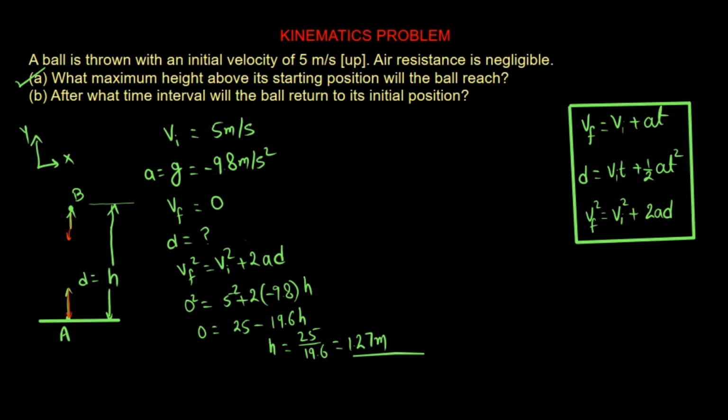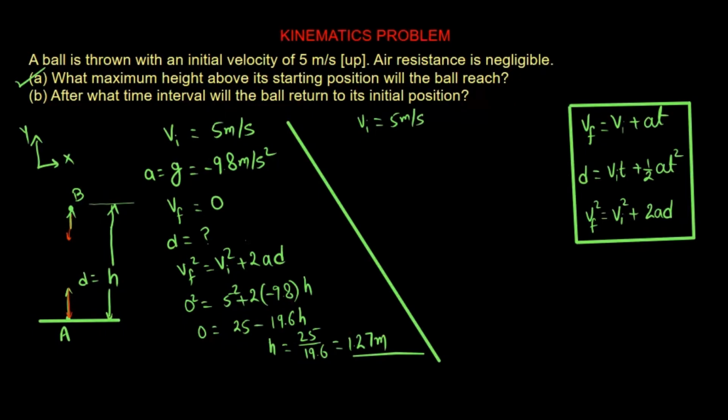Now let's see the second part. After what time interval will the ball reach its original position? We have the initial velocity v initial equals 5 meters per second.